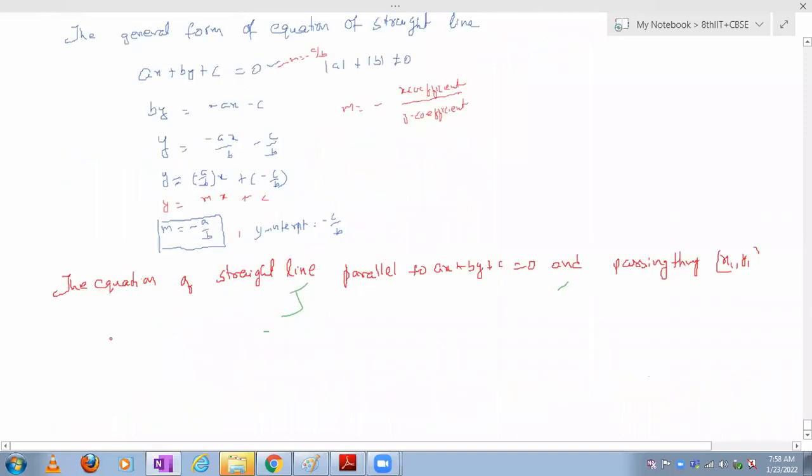See how it came. I will say that it is a into x minus x1 plus b into y minus y1 is equal to 0. Got it?